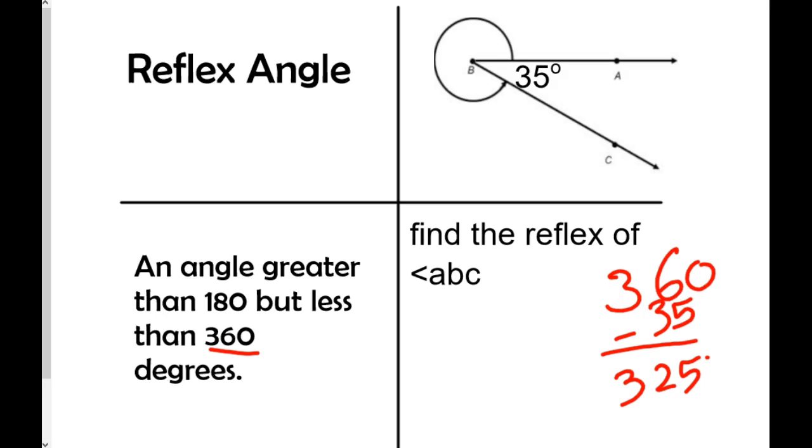Reflex angle. Now, a reflex angle is going the long way. So you can see we have 35 degrees here, but if you go the long way, looks like a Pac-Man face, that long, big angle is 325 degrees. That's the reflex angle.